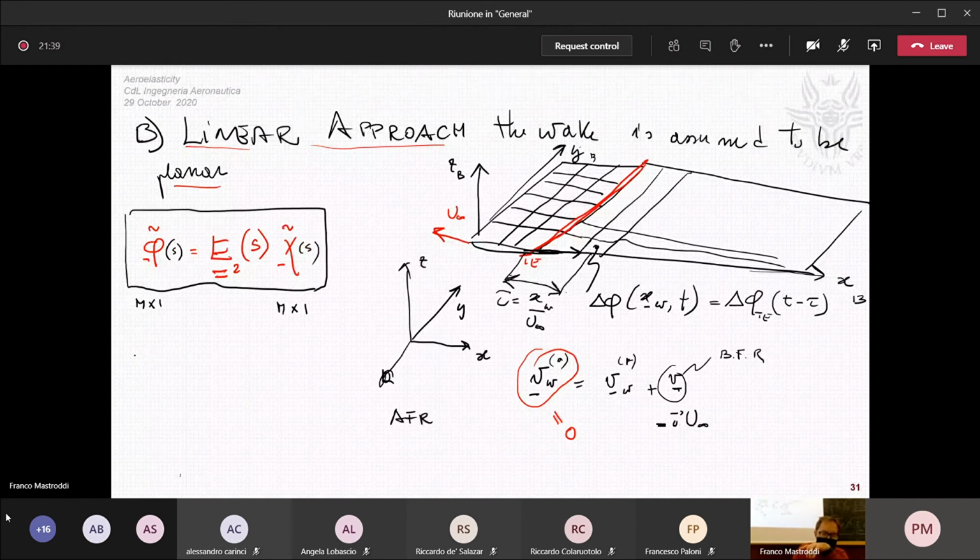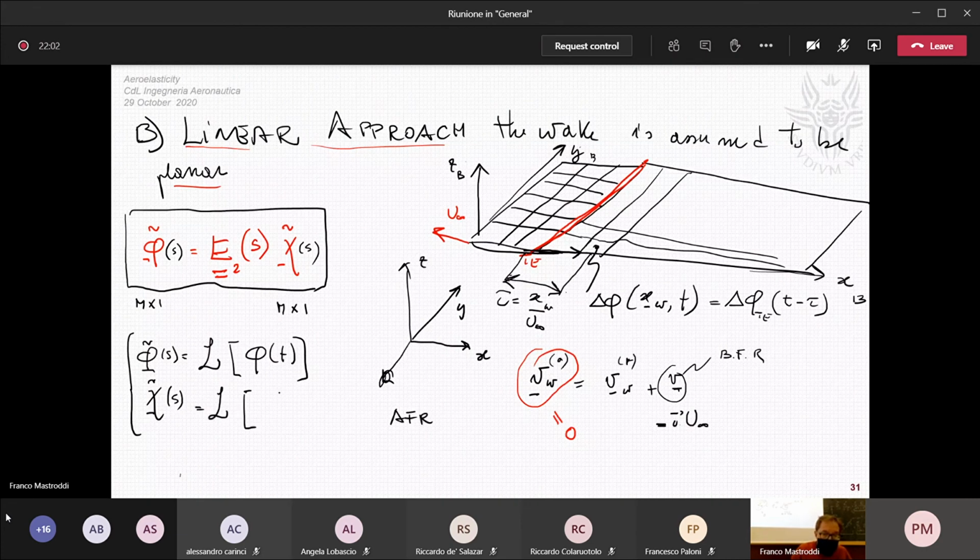In particular, phi tilde s is the Laplace transform of this time vector, and this output vector is the Laplace transform of the other time vector.